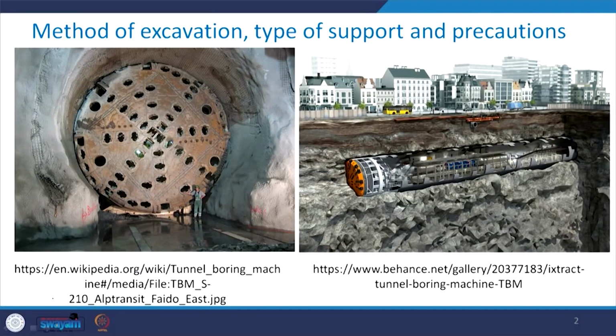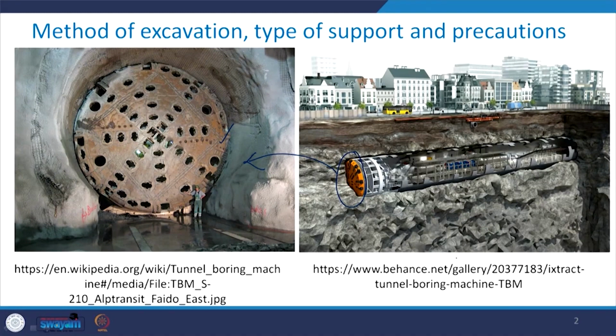So, first let us have a look at how this tunnel boring machine looks. So, here are the views. This is the front portion of this TBM, which is this portion. So, you can see that it is a very long assembly. It has various components, and for the scope of this course, it is not there.